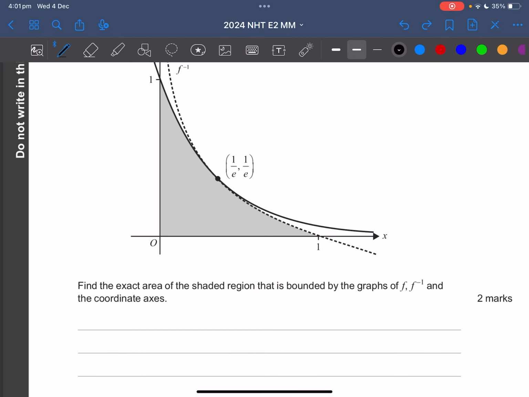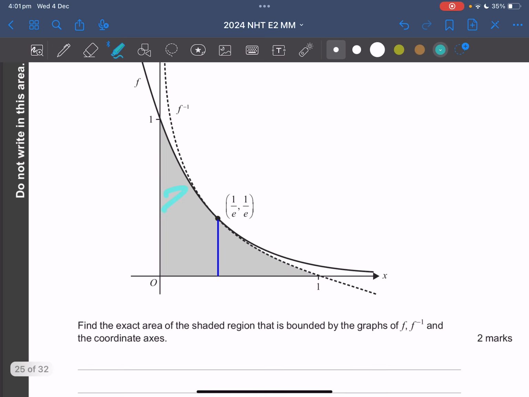Find the exact area of the shaded region that is bounded by the graph of f, f inverse, and the coordinate axis. So we are looking at this over here. Let's draw a line. For this region, we can see that that's the area under the f of x graph, right?